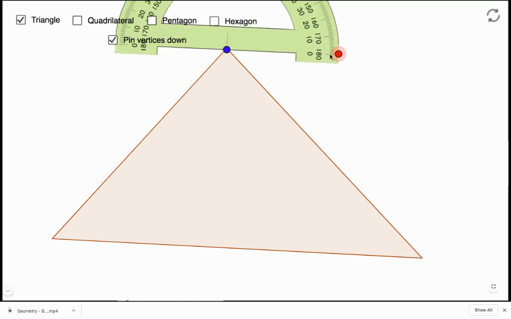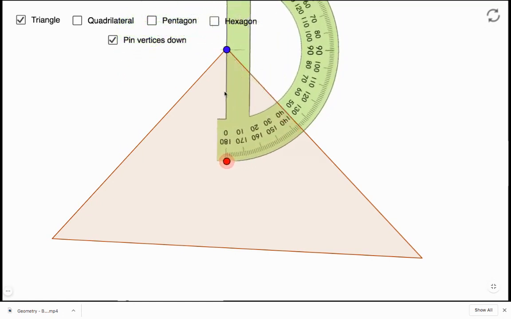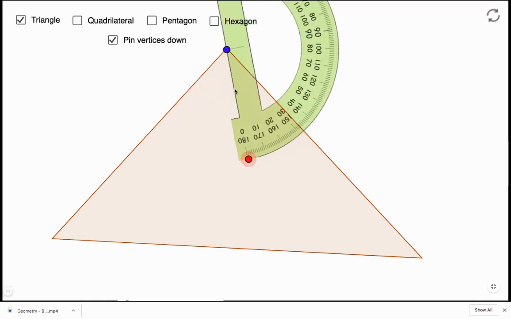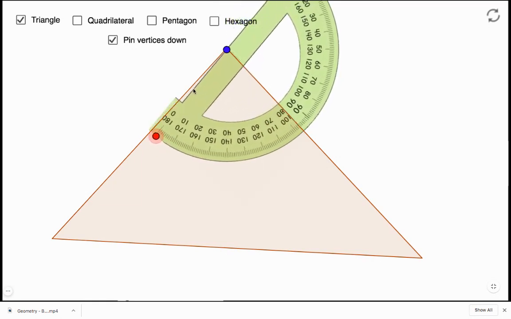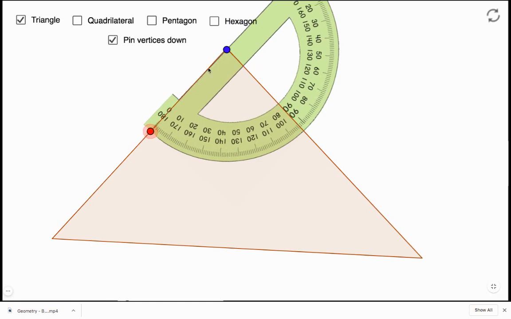All right, and then I rotate this. So then I got to figure out which one is my initial side. Which one am I going to lay that protractor on? Well, if I decide that is going to be my initial side, that initial side runs through 0 there, I'm reading these bottom numbers. Okay, and that makes that about a 20, 60, 70, 80, 88 degrees.